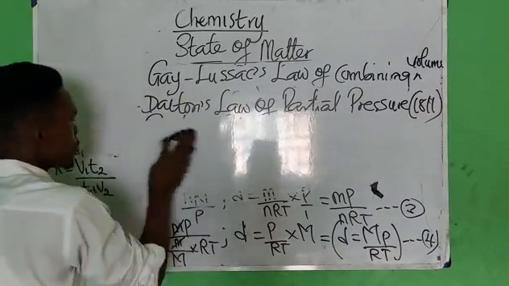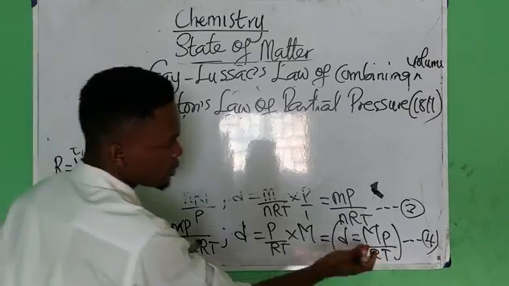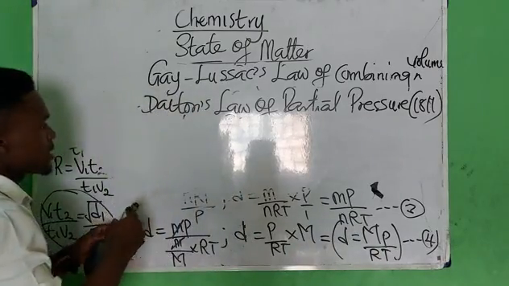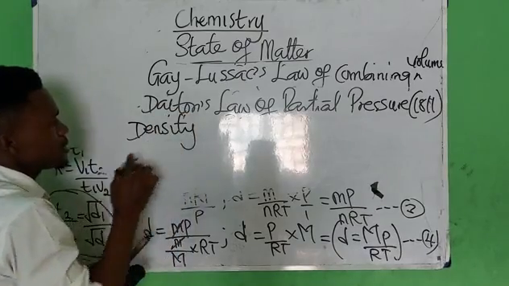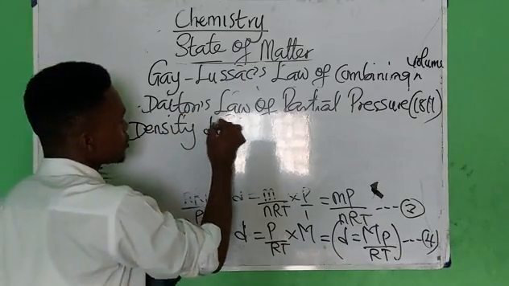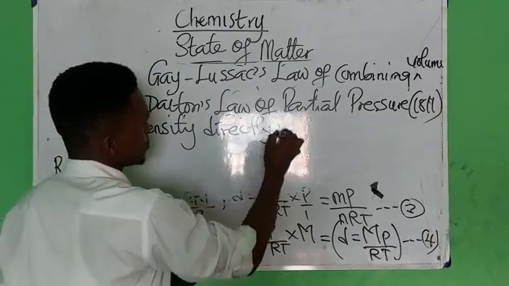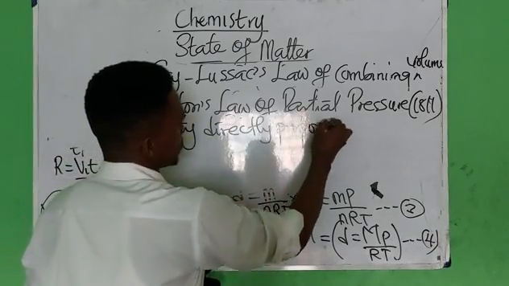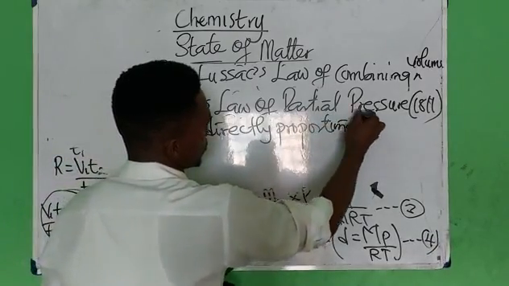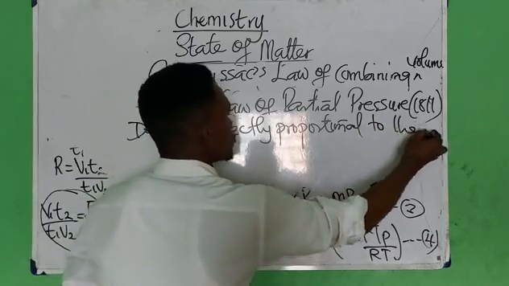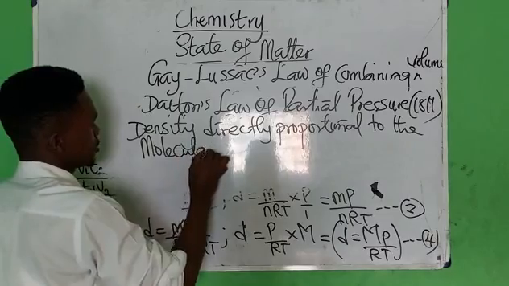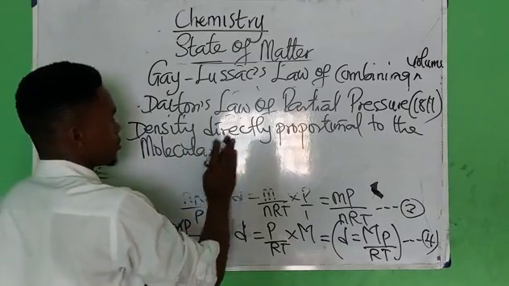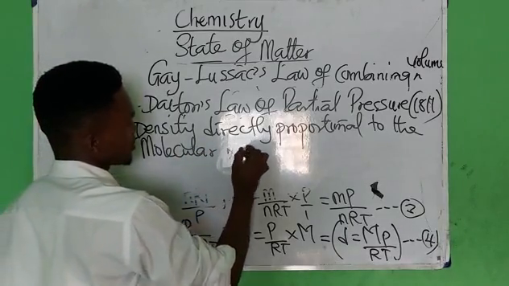From this formula we've deduced, we can say that density is directly proportional to molecular mass.